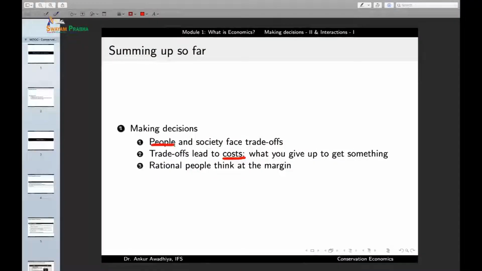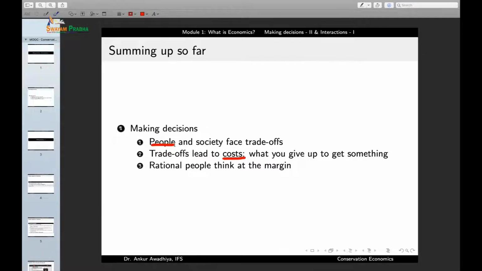The society can decide that we should put more and more money into defense or it can decide that we should put more and more money into healthcare or education. Now, because the resources are limited, if we put more money into, say, healthcare, we will have less money left for the education sector. And so there is always a trade-off. So people and society face trade-offs primarily because the resources are limited.